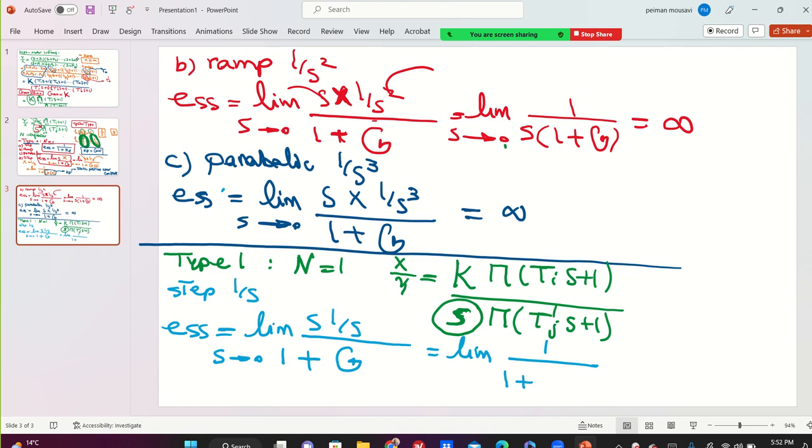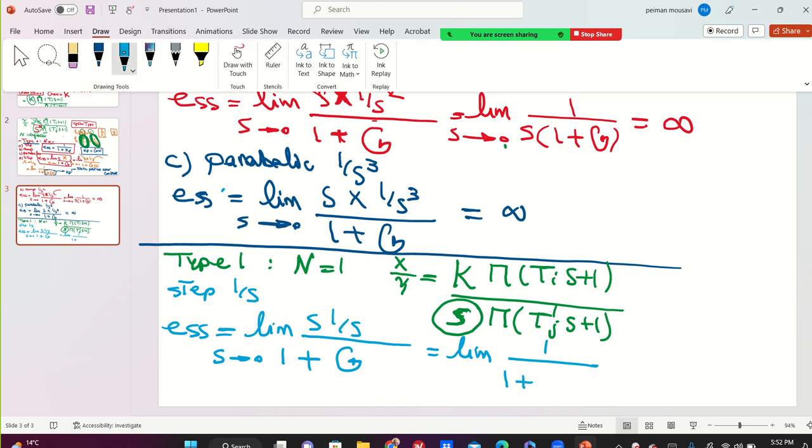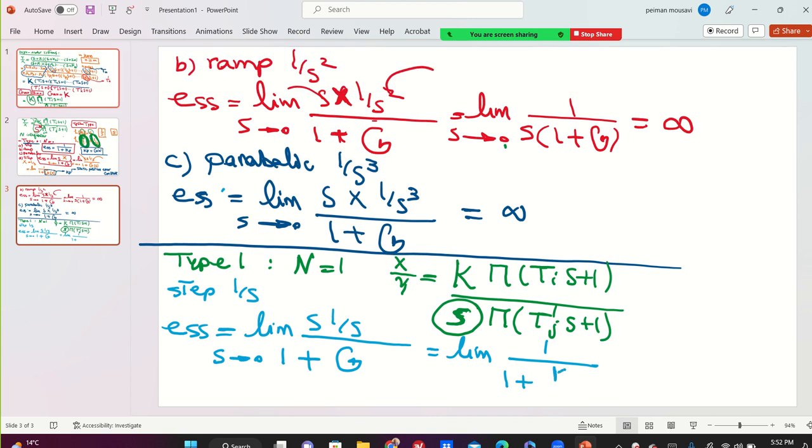When I put s equals 0, this is going to be 1, this is going to be 1, and the remaining is going to be K over s. s goes to 0, right? So, everybody agree? Yes?